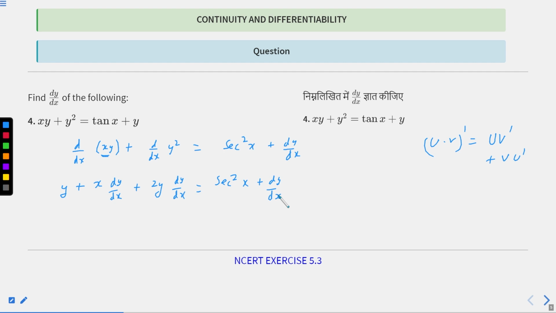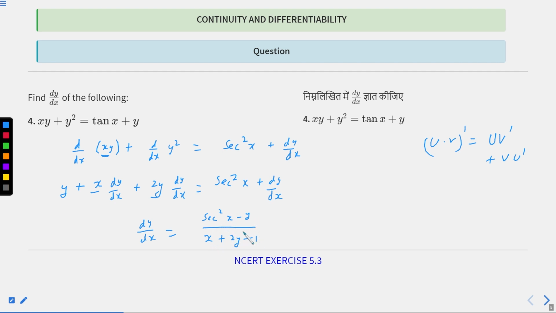So what you will get is dy over dx equals sec square x minus y divided by x plus 2y minus 1.